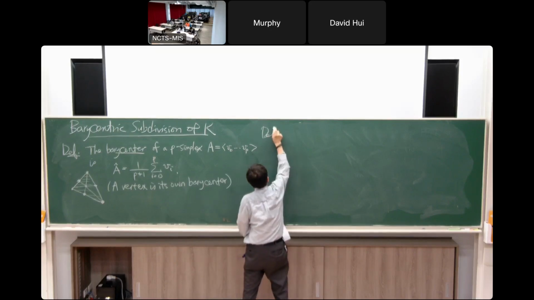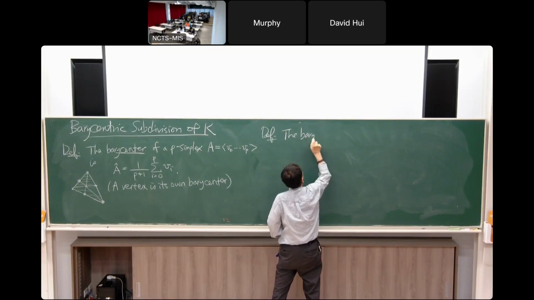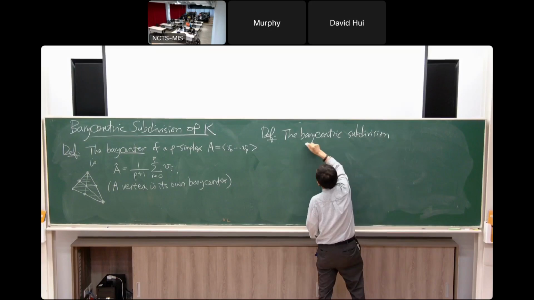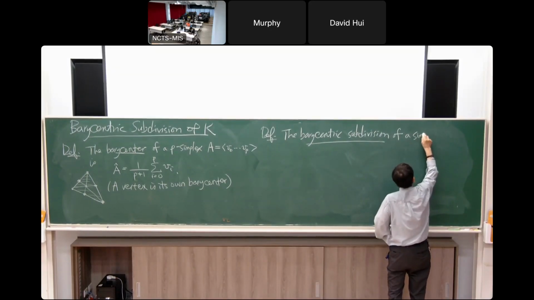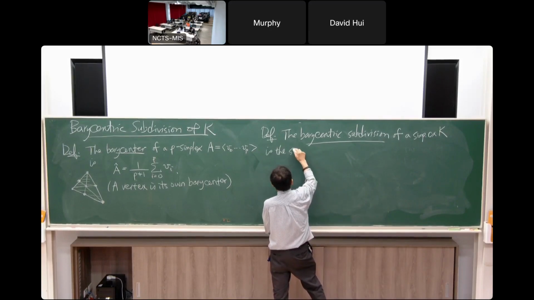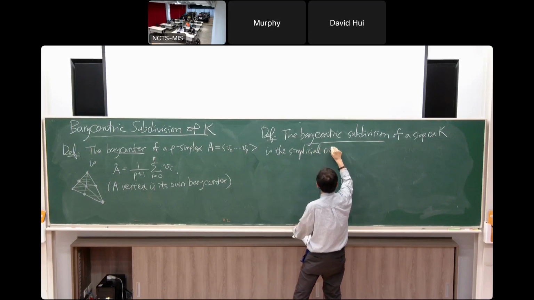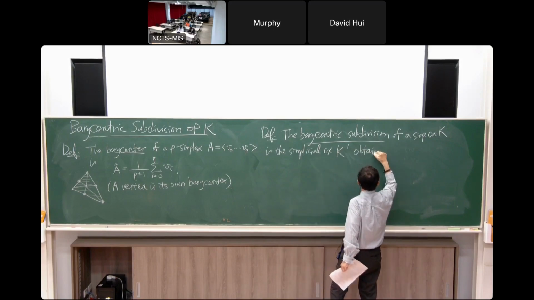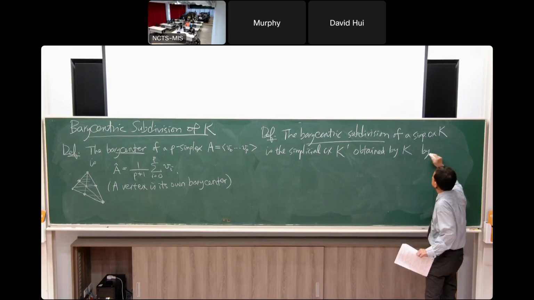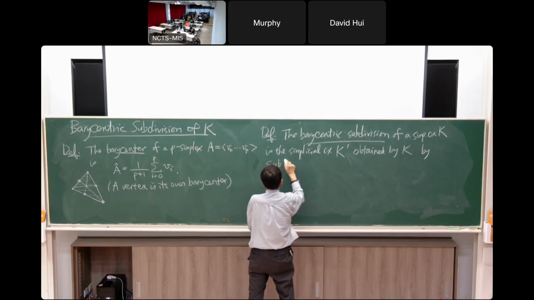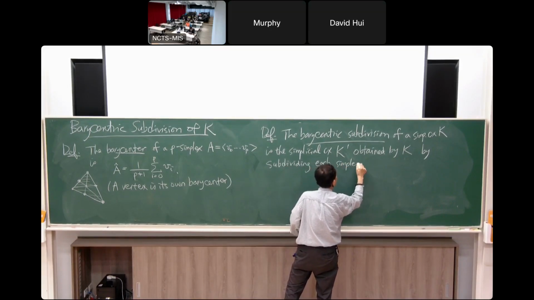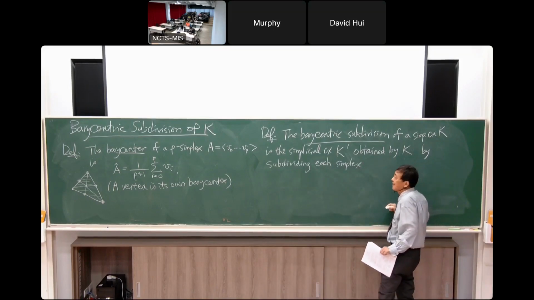So, definition: the barycentric subdivision of a simplicial complex K is the simplicial complex K prime obtained from K by subdividing each simplex using its barycenters as the new vertices.